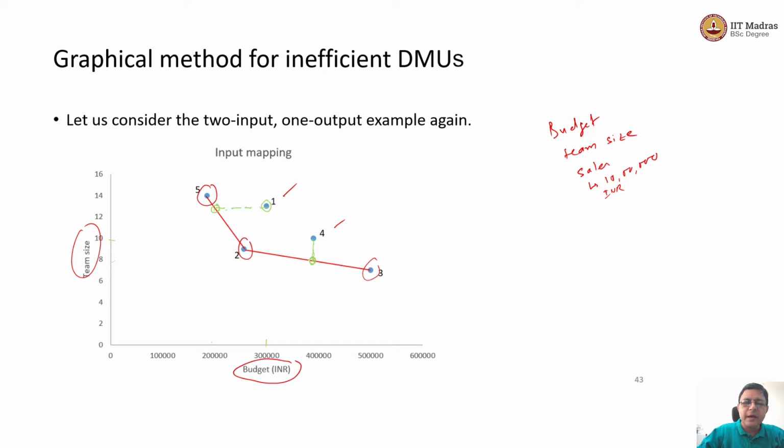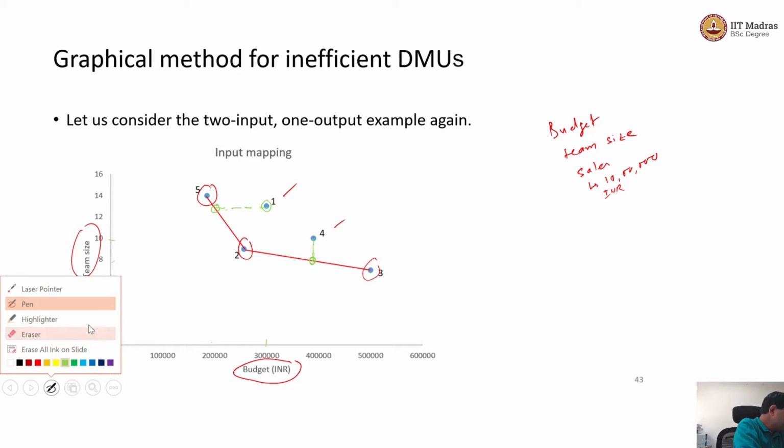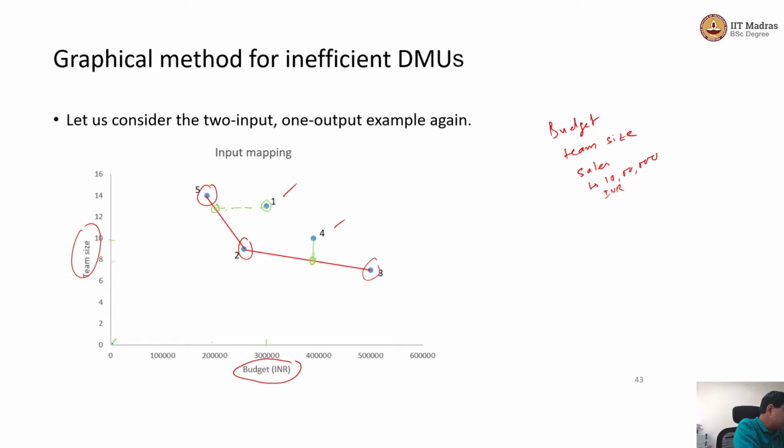So we have to tell DMU 1 and 4 how to move towards the efficiency frontier. And what is the basic idea? We are going to draw a straight line starting from the origin, and join that with DMU 1, and I want DMU number 1 to move in this direction, which is neither horizontal nor vertical.